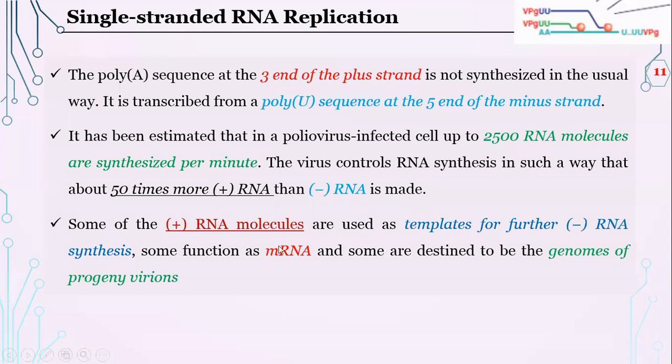Some of the positive RNA molecules are used as template for further negative RNA synthesis. Some will function as messenger RNA, and some are destined to be the genomes of progeny virions.